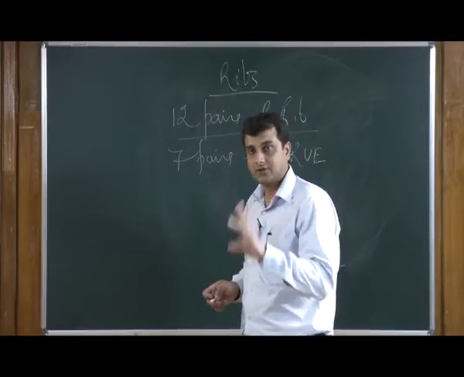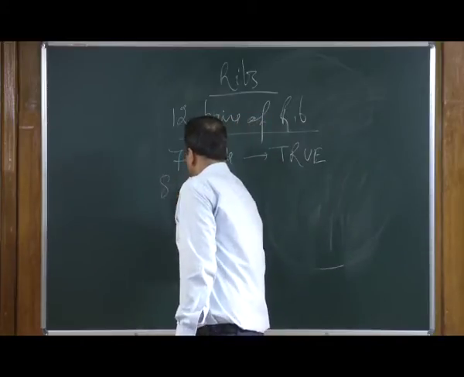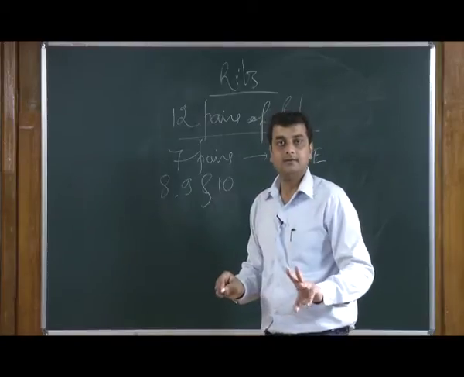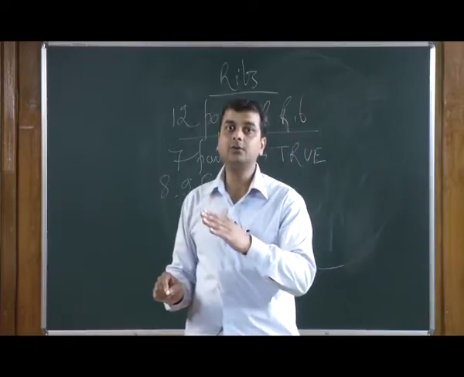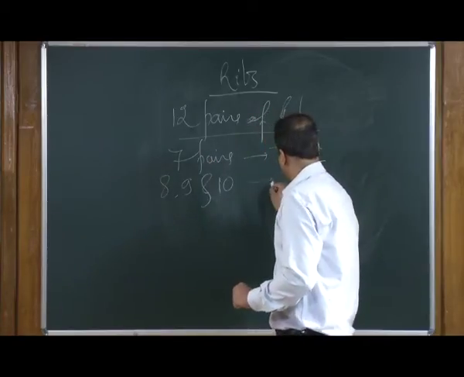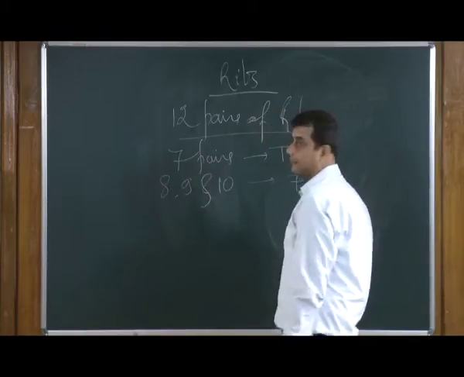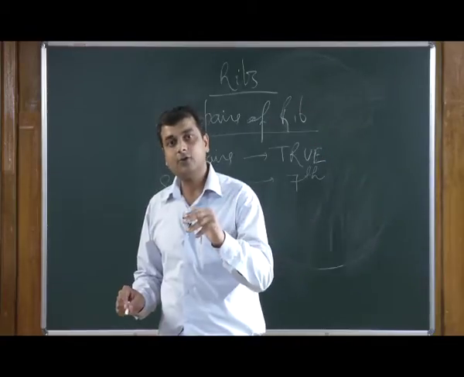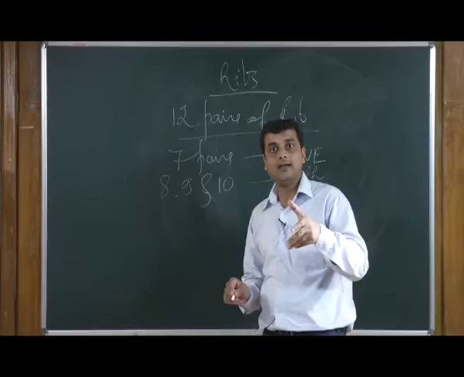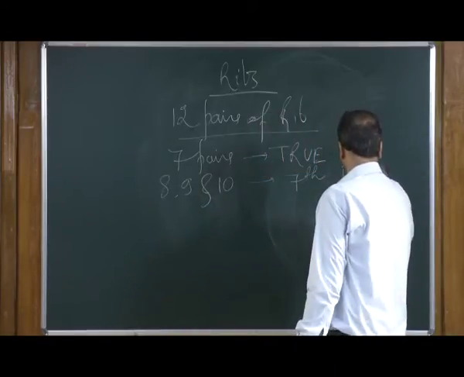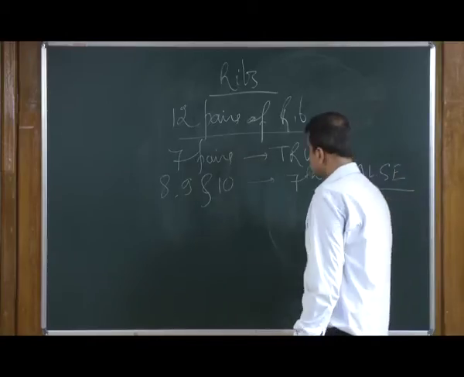The next 3, the 8th, 9th and 10th, these 3 pairs are not attached directly to the thoracic vertebrae, but are attached to the 7th rib. So, these 3 pairs are not called true ribs, but they are called false ribs.